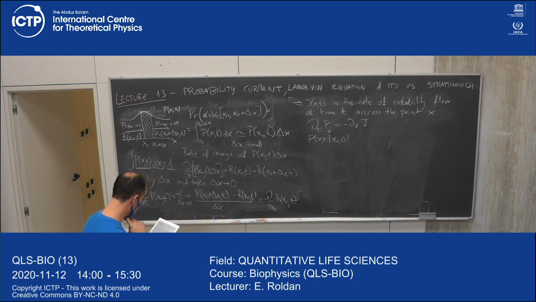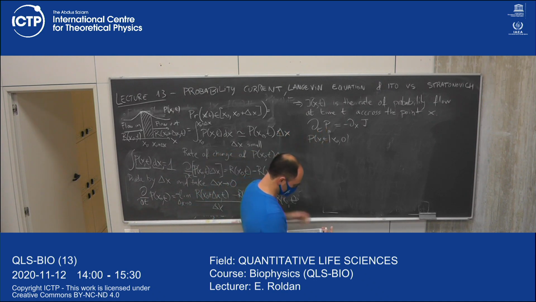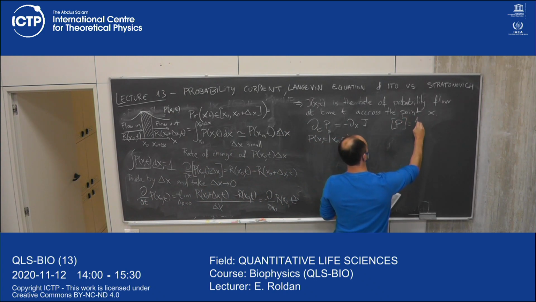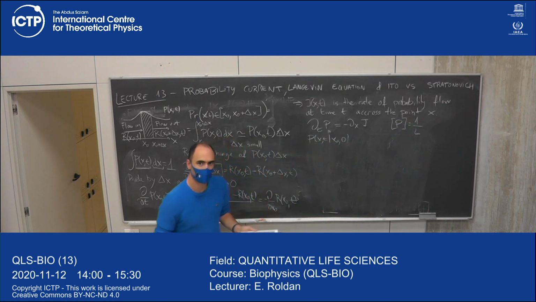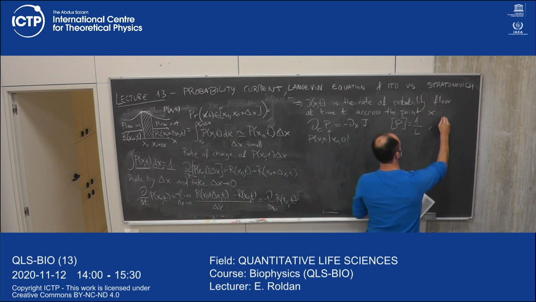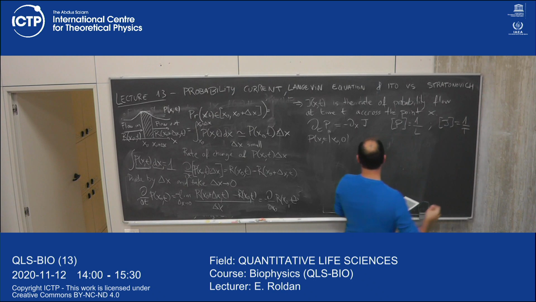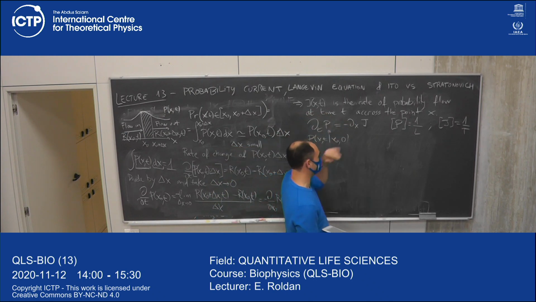But now remember that P has units of 1 over x. So the units of P is 1 over length, meters to the minus 1. So the units of J is 1 over t. It's obvious: partial t of P will have units of 1 over x t, and partial x of J will have units of 1 over x and 1 over t.